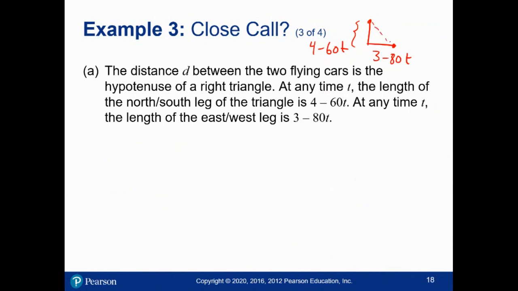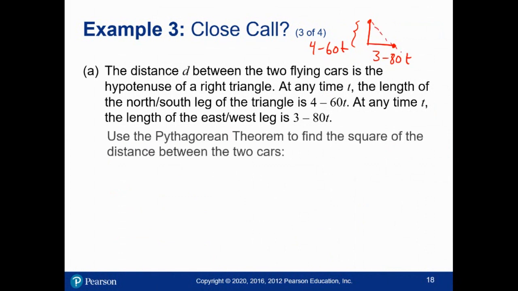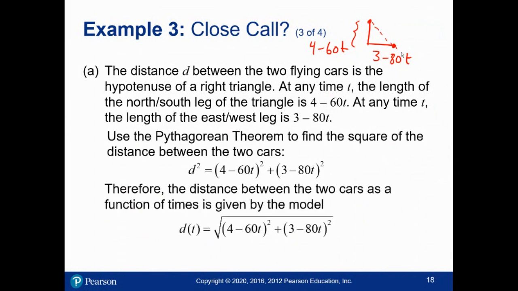So either by using the distance formula or just the Pythagorean theorem, the distance between the two cars is the square root of this enormous expression. Okay, this is a little complicated to try to work with by hand, but that's okay. We're allowed to use graphing calculators or computer software to help us find the minimum value of this distance.